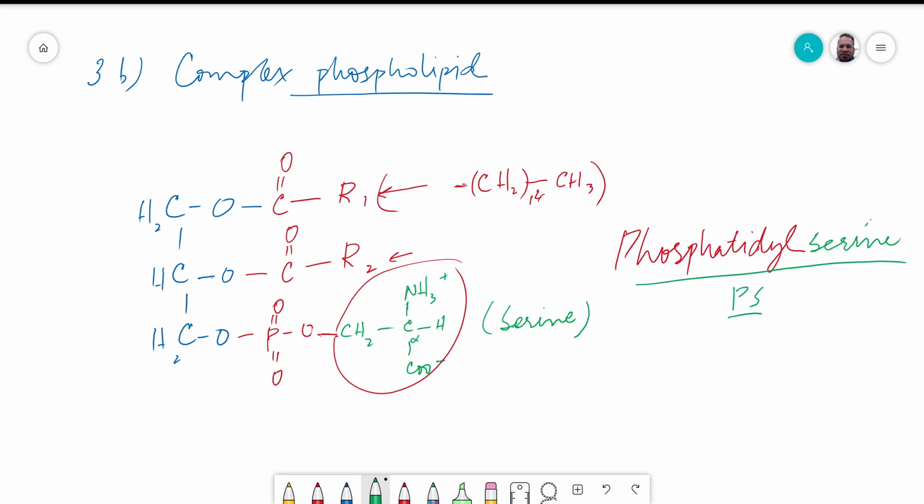Okay. So again, you should know two examples of phospholipids. A simpler one, which is phosphatidate, and then a more complex one. I like phosphatidyl serine, but you can have other ones.